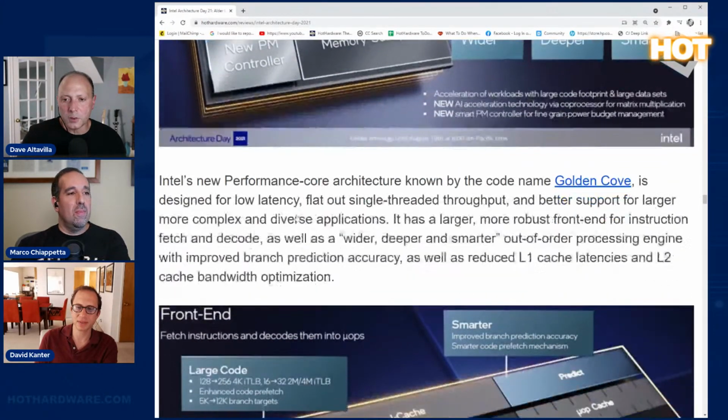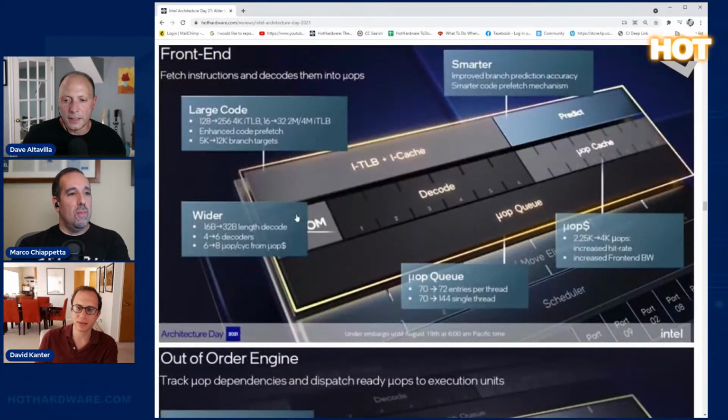Any major takeaways here? It looks like the front end and the main engine itself has been expanded. And Intel talked about a 19% geometric mean gain across a wide range of general purpose compute workloads, so the total aggregate average gain could be as much as, let me scroll down.